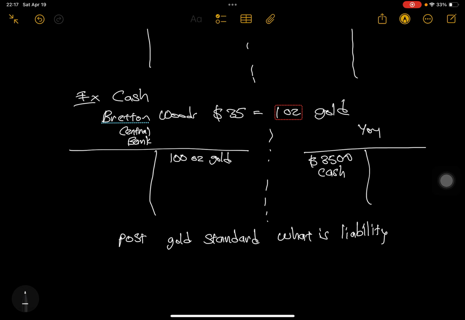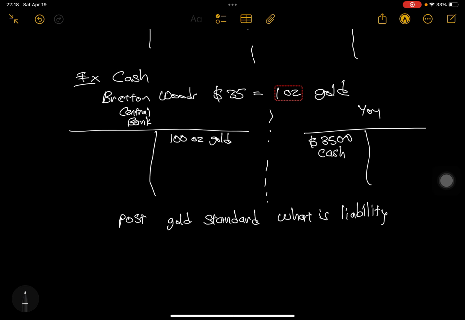I think most common wisdom would say that cash is a pure asset because we live under a fiat system, which is what the post-gold standard system is called. But in actuality, the right way to think about cash is that the central bank still actually has a liability here. So let me draw these L's and A's.